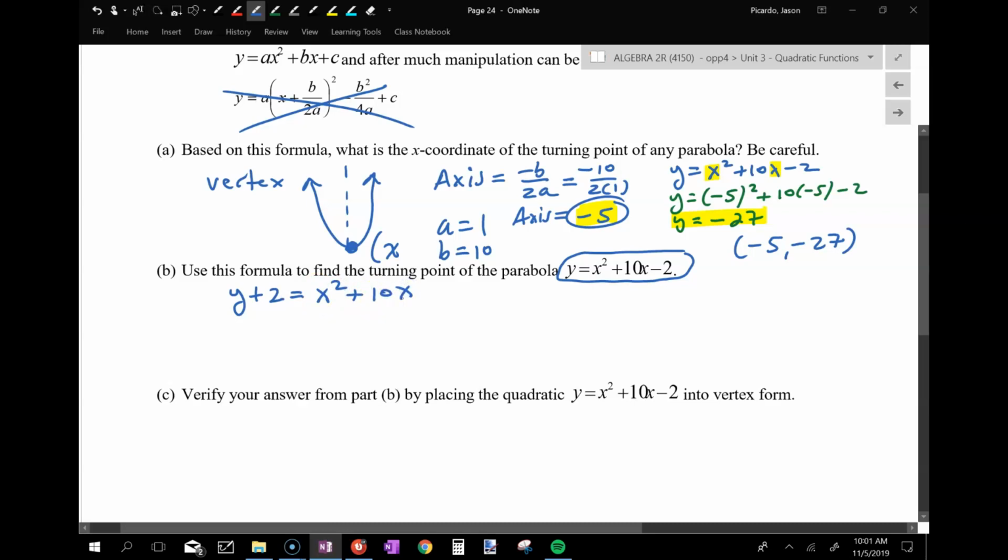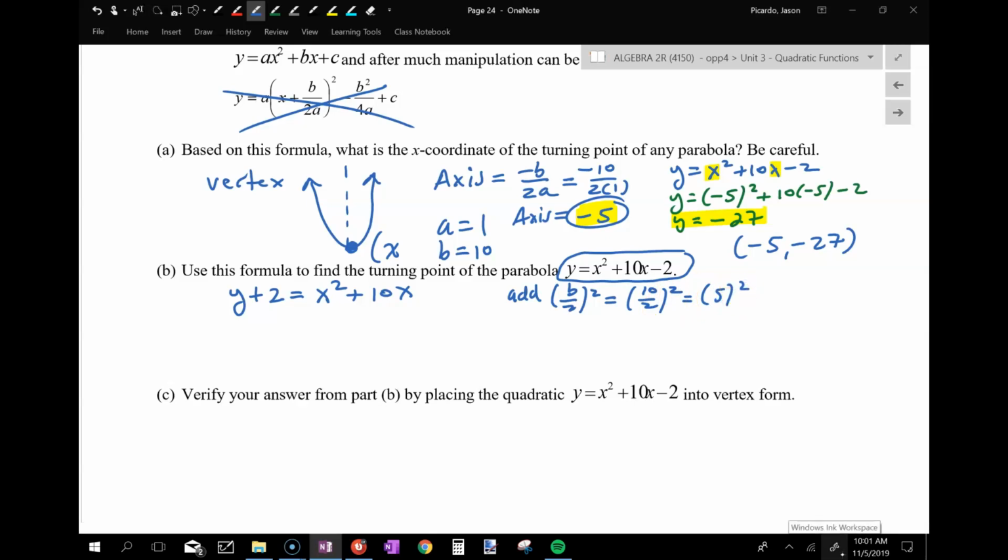Why is this problem a little bit easier? Because the x squared term is 1. So all I have to do now is add half of the b squared. Well, what's the b term? 10. What's half of 10? 5. So I'm adding 25, right?